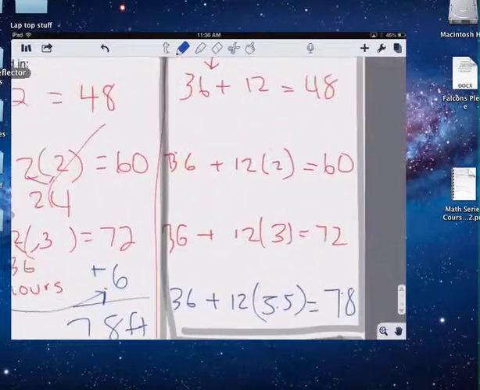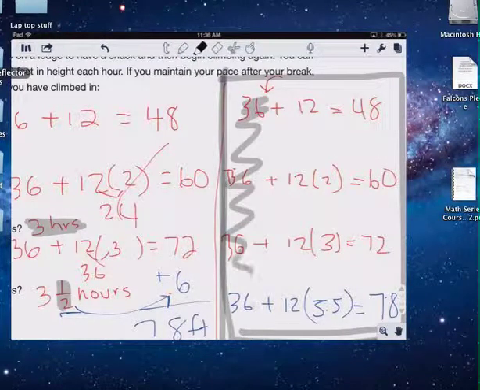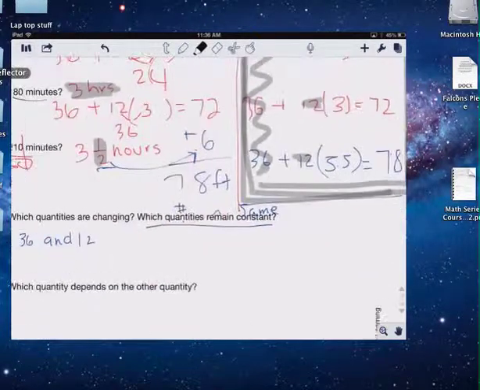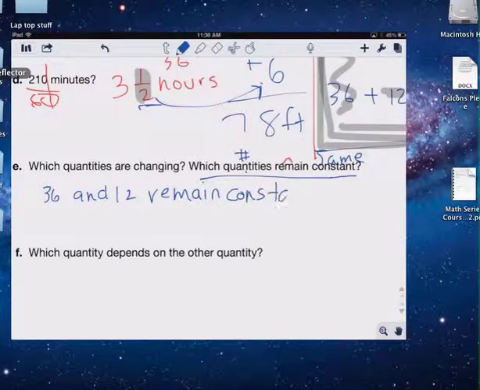If you look at this here, you will notice that 36 remains the same, and 12. 36 remains the same, constant, the whole time. 36 is where they start, and 12 is for each hour.